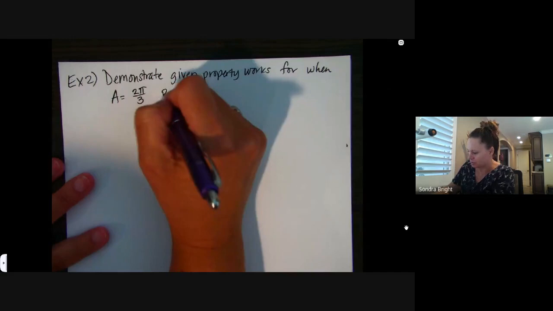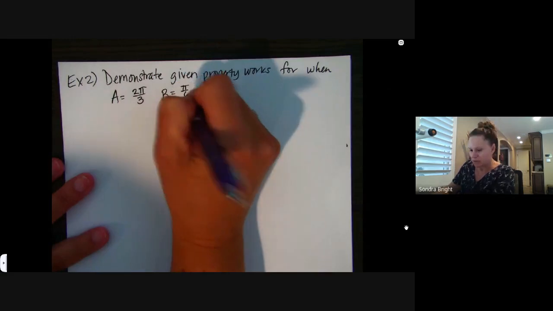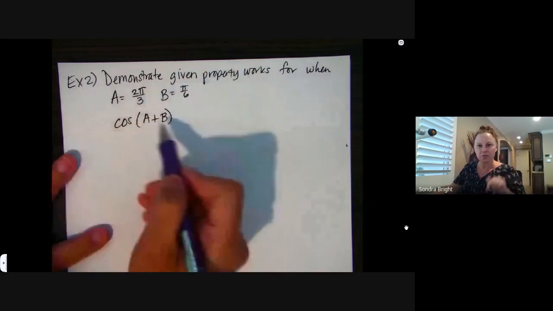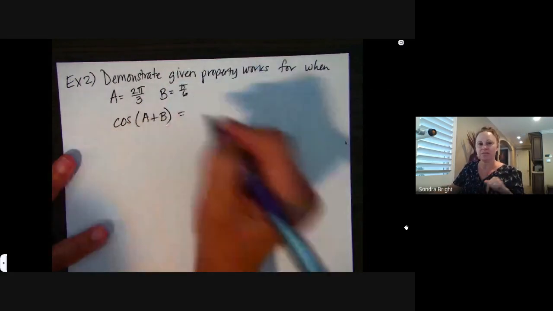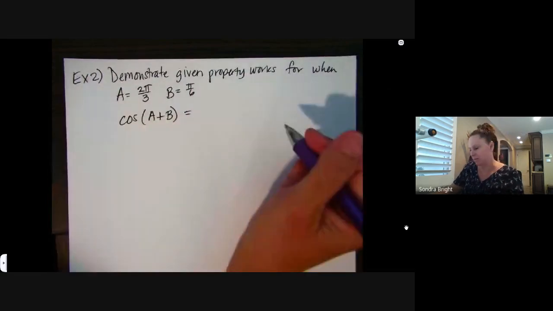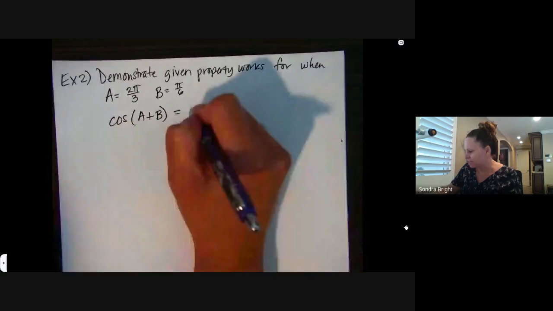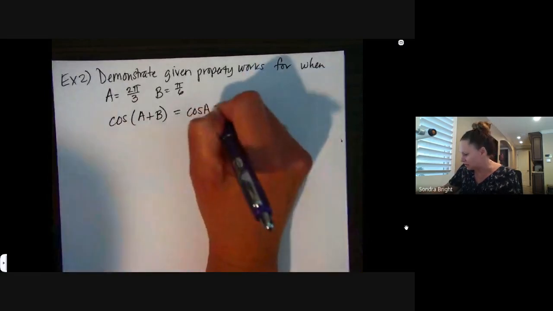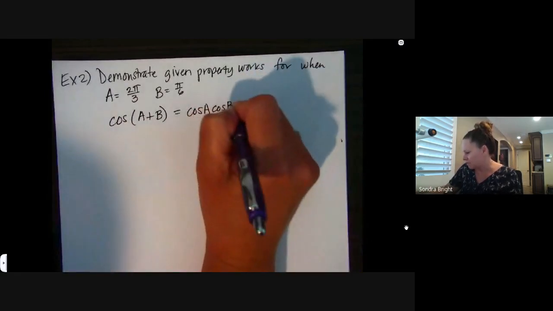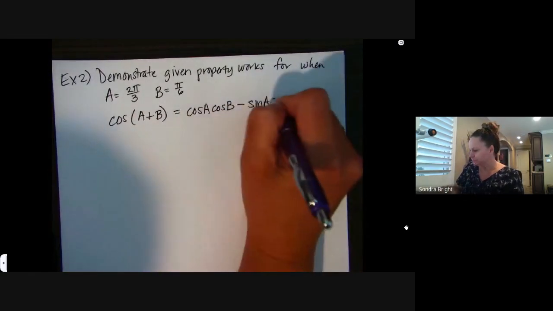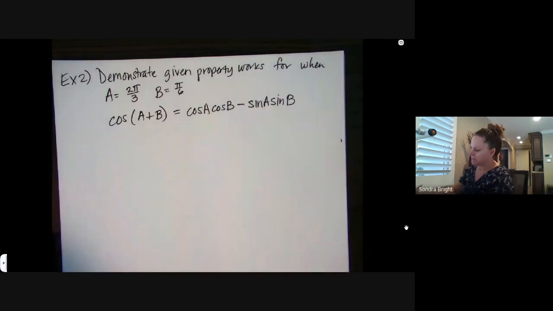The property I want to show is true for these is cosine of the sum of two angles. So cosine of A plus B, remember the cosine formula is cosine, cosine, sine, sine, change the sign in the middle. So it's cosine of the first times cosine of the second, change the sign, there's a plus sign here, so now it's a minus sign, sine of the first times sine of the second. Like that.